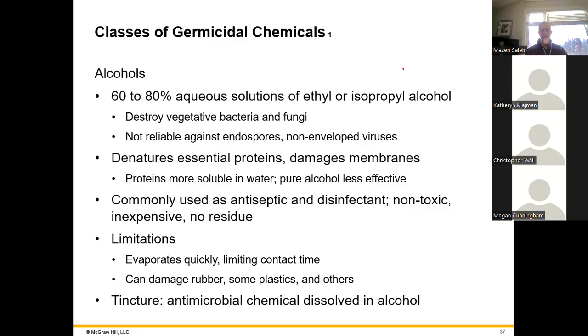The alcohol is typically used as antiseptics and disinfectants at the lower concentrations. They're non-toxic, not on the outside, of course. You don't go drinking the commercial 70% alcohol preparations, right?